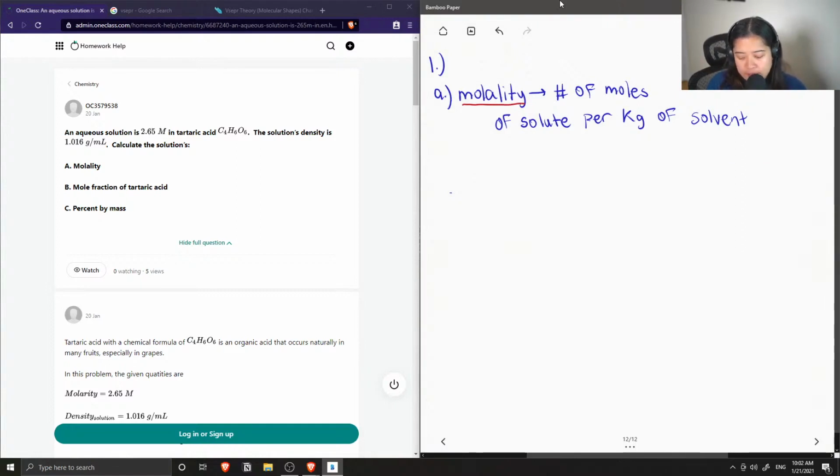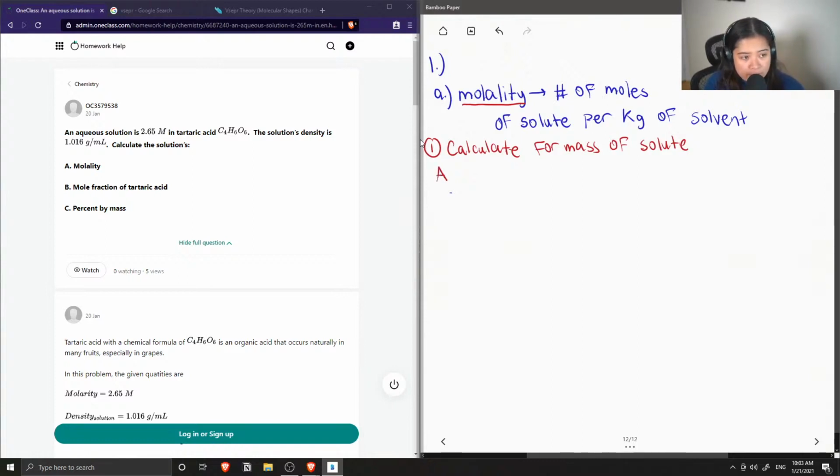Okay, so first to calculate molality, step 1 is to calculate the mass of our solute. So we know the concentration is 2.65 moles per liter.